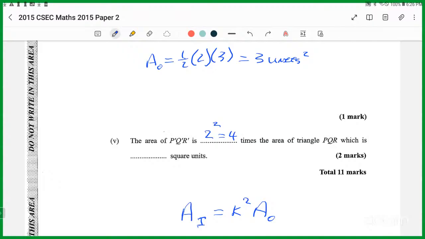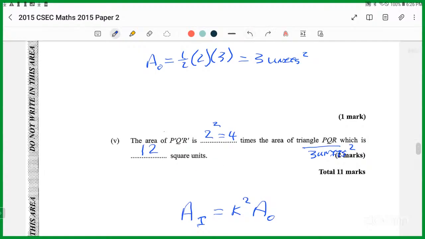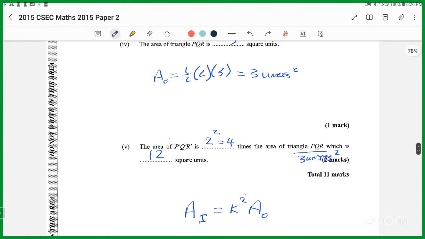Which is what? 4 times this, which is 12. 4 times 3. Remember the area of PQR is 3 units squared. So 4 times 3 is 12 squared units right here. So that is how we're applying this.